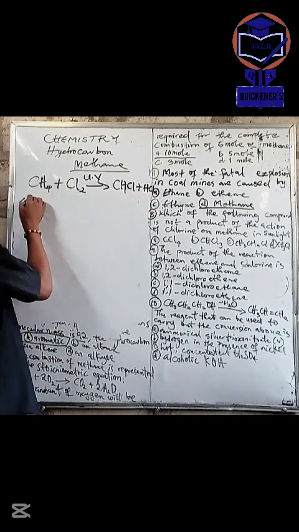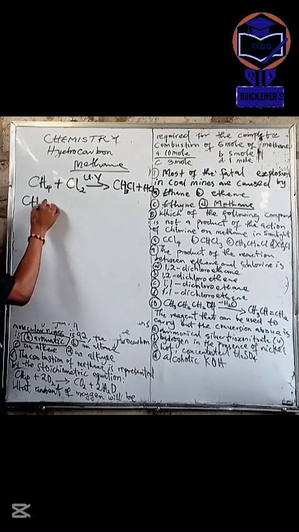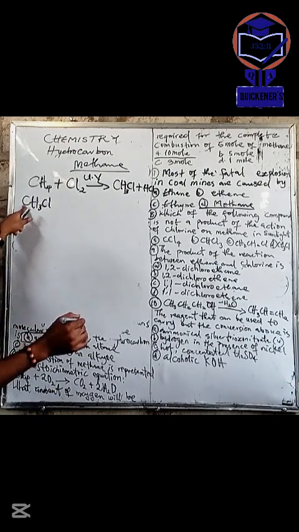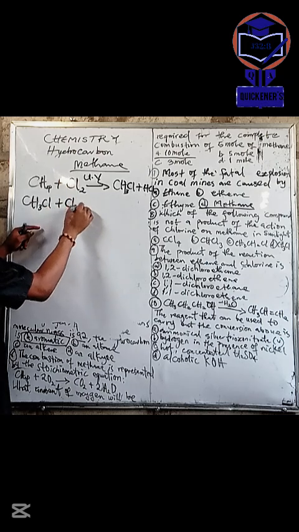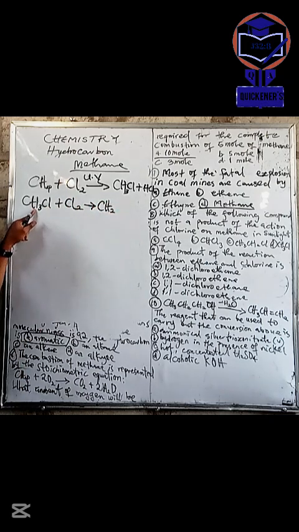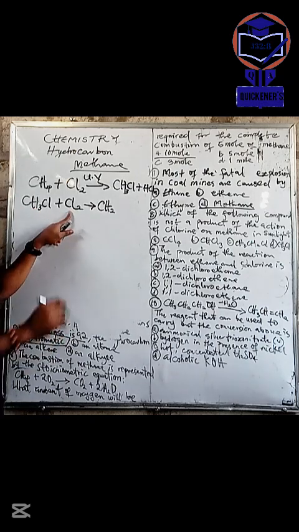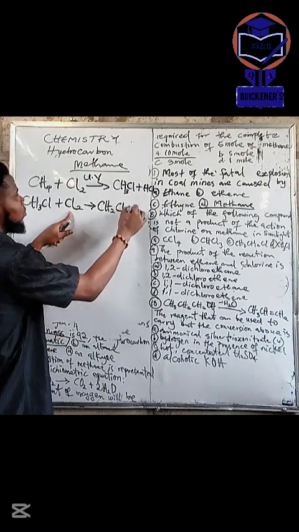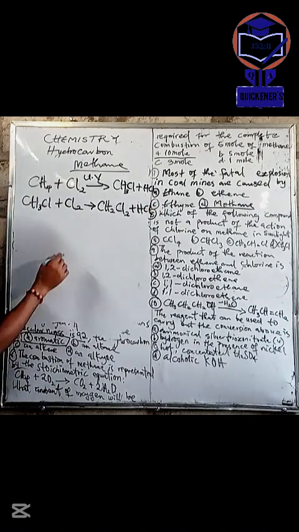HCl, right? And the next one, CH3Cl plus Cl2 will give you what? CH2Cl2. One more atom of hydrogen will be displaced by chlorine, okay? Plus HCl. Now, what can you see?